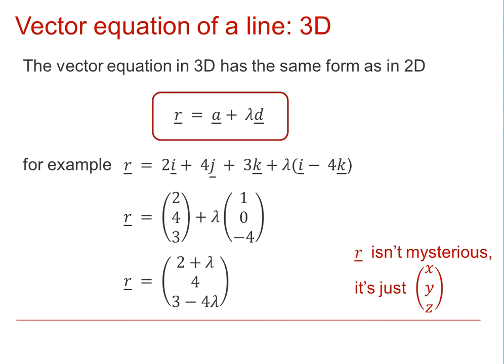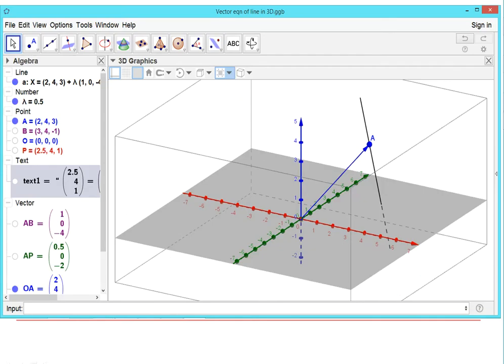Here the 2 plus lambda, depending on the value of that parameter lambda, would give you the value of the x-coordinate. The y-coordinate would be 4 and the z-coordinate would be 3 minus 4 lambda. You may wish to use a dynamic program such as GeoGebra to visualize these lines in 3 dimensions.